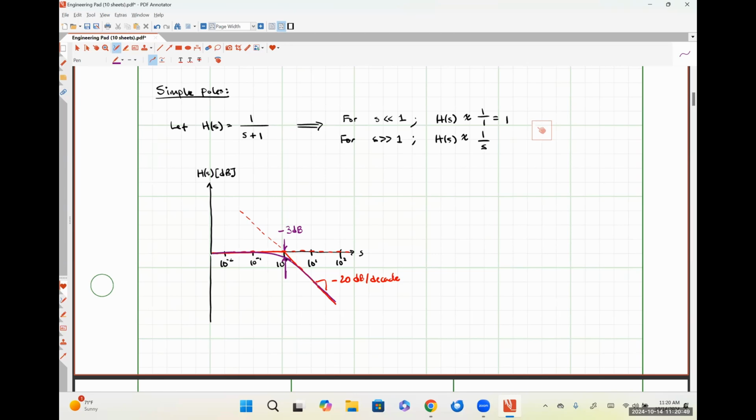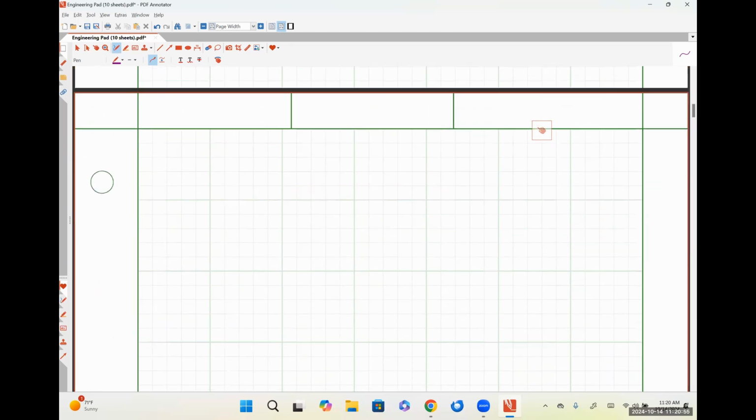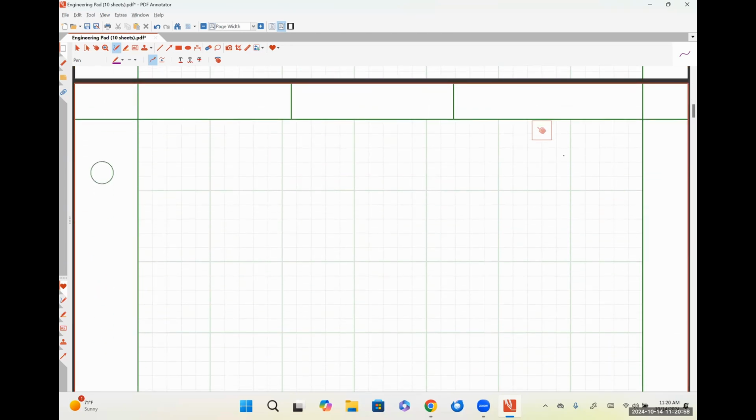So let's mess with this very slightly. So what if we had a case where our transfer function was instead 1 over 1 plus s over 100?